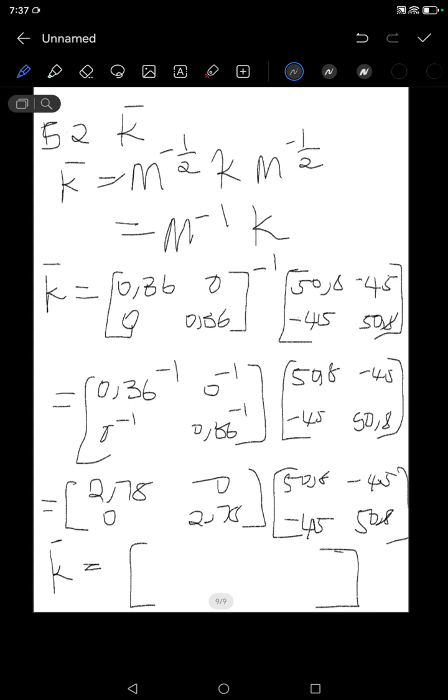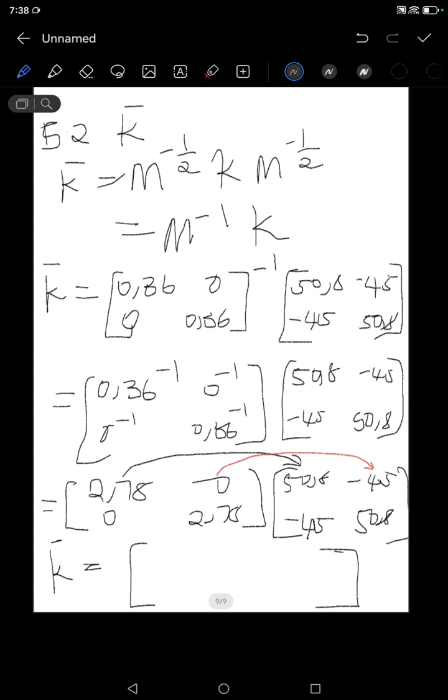Now from here we want it to be in one matrix form, so we want only one box, so we're gonna multiply. To multiply, we're gonna say this 2.78 multiplied by 50.8, plus 0 multiplied by negative 45. So it's going to be 2.78 multiplied by 50.8 plus 0 multiplied by negative 45.